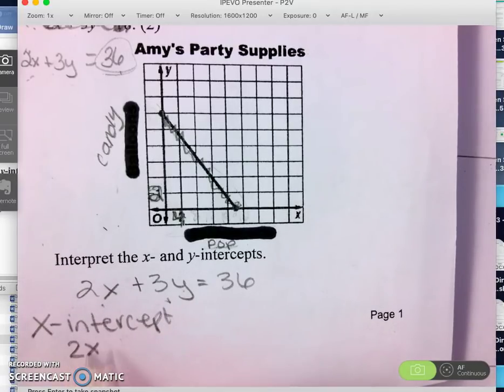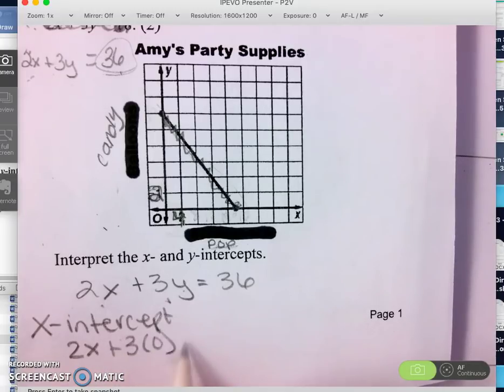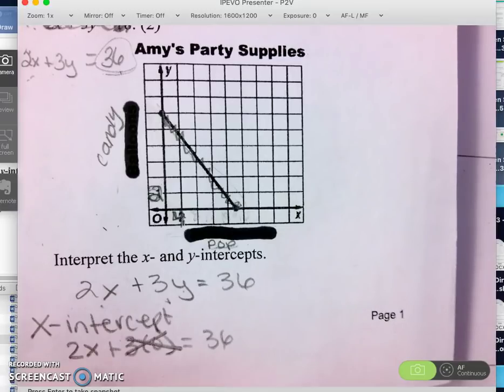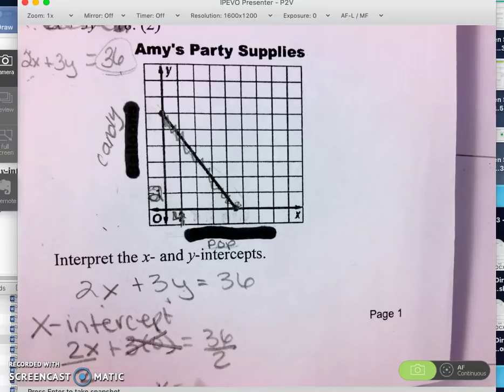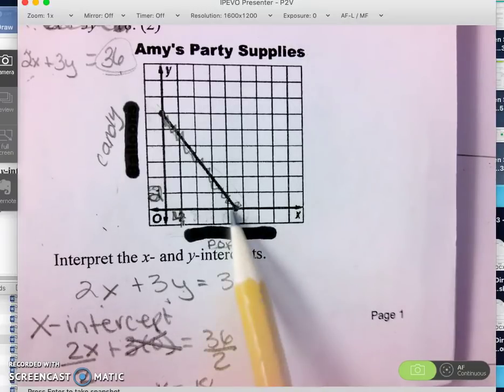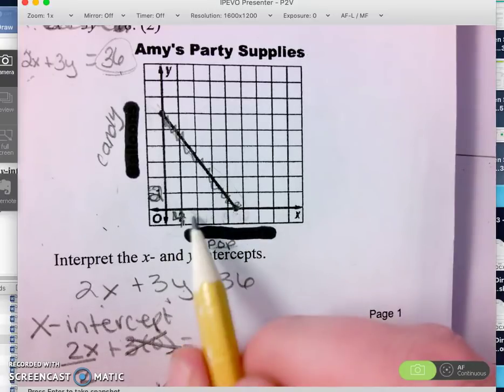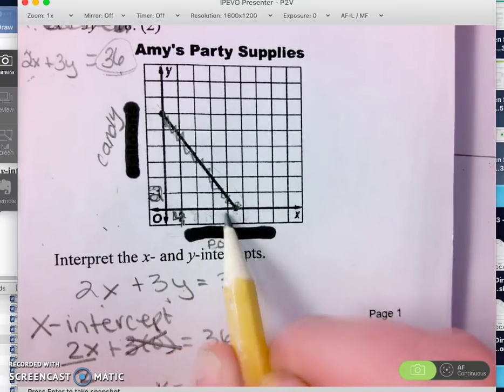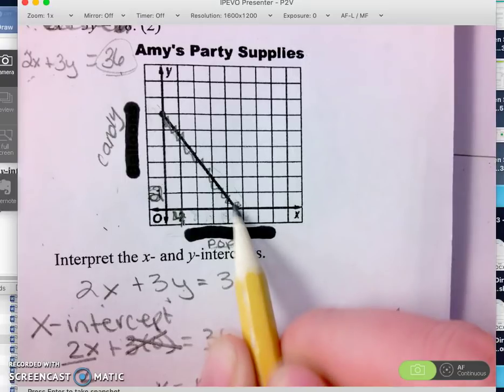So 2x plus 3y equals 36. That goes away. 2x, I'm going to divide both sides. I'm running out of room. So x is equal to 18. So this number here, well, let's see, 4, 8, 12, 16, 20, right between there would be 18.